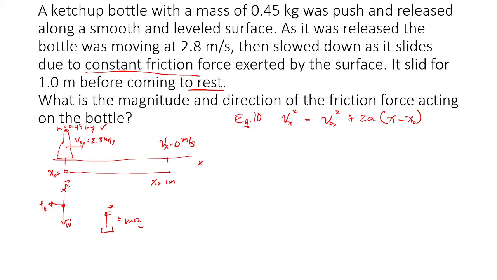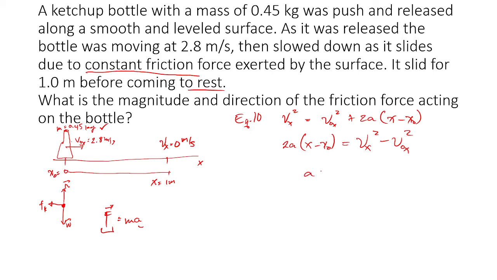So what will happen is we just need to transpose, and we will have here 2a times our displacement is equal to our vx squared minus our v naught squared. So divide this both by the displacement and the 2.